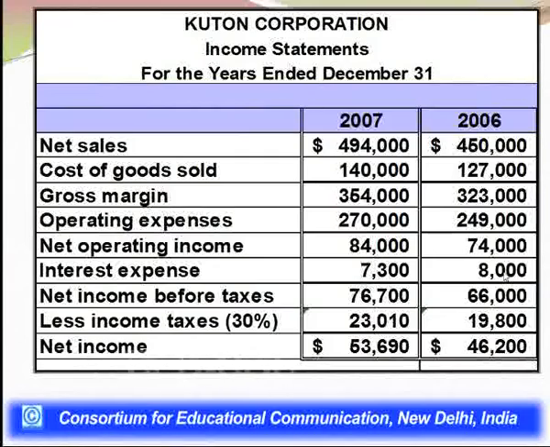So interest expenses for the company are 8,000 and 7,300. The difference is coming out net income before taxes, which is 66,000 for the year 2006 and 76,700 for the year 2007.